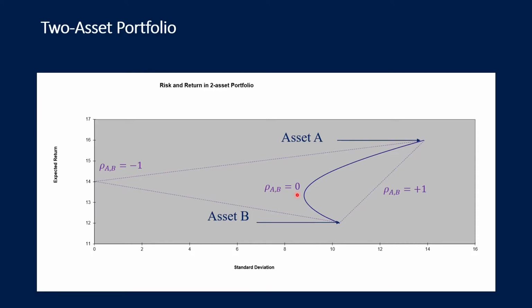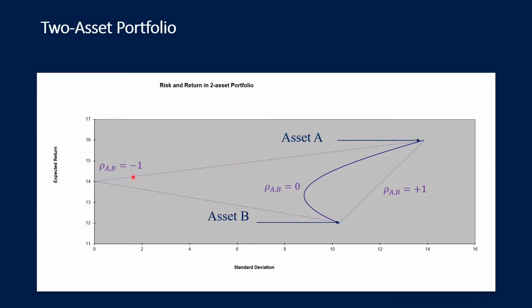If we have a correlation coefficient of 1, we have a linear relationship like this dotted line here. So any mixture between A and B in a portfolio will be somewhere on this dotted line, which does inherit no diversification effect because both stocks do exactly the same. We can't diversify.